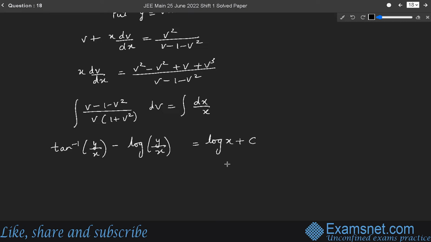Now, as it passes through the point (1, 1), therefore c will be equal to π/4.